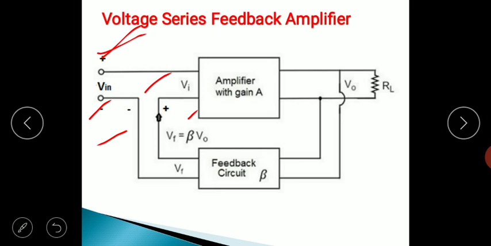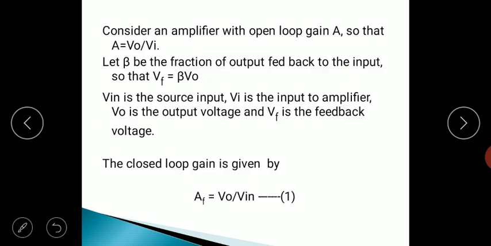So let us do that derivation once again quickly, right? We will be considering an amplifier with open loop gain A. So what is A? Output by input, the actual input applied to the amplifier. V0 is the output and Vi is the input given to the amplifier. So the open loop gain of the amplifier A is given by V0 by Vi.